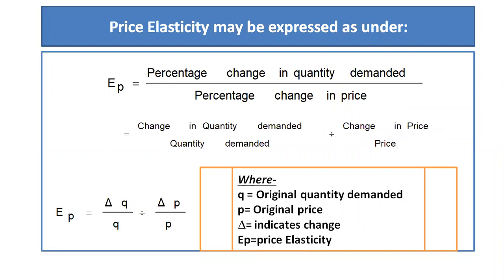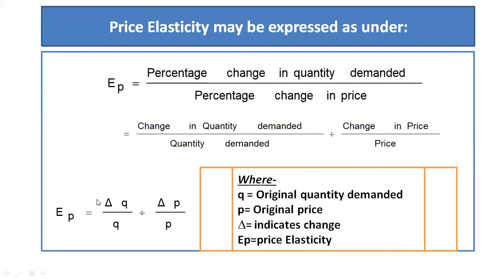When we calculate it, we'll get change in quantity upon original quantity into 100 whole divided by change in price upon original price into 100. This is further elaborated as change in quantity demanded upon quantity demanded divided by change in price upon price.